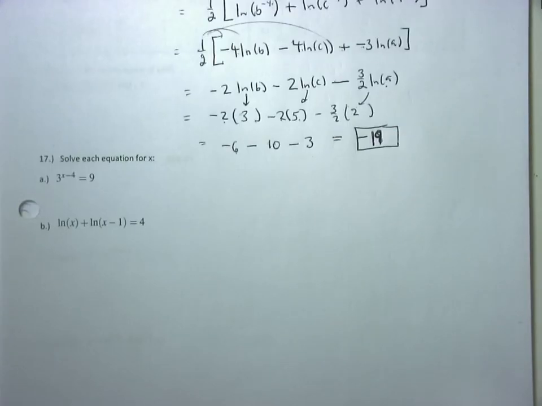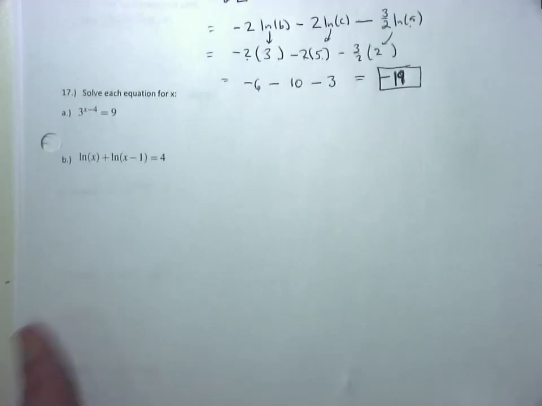Solve the equations. The first one is actually one of the simpler equations. It's called an exponential equation. Again, classic review. I've got 3 raised to the x minus 4 equals 9. Now, traditionally, when I got a variable in the exponent, the only thing that solves for exponents is logarithms. But be careful.